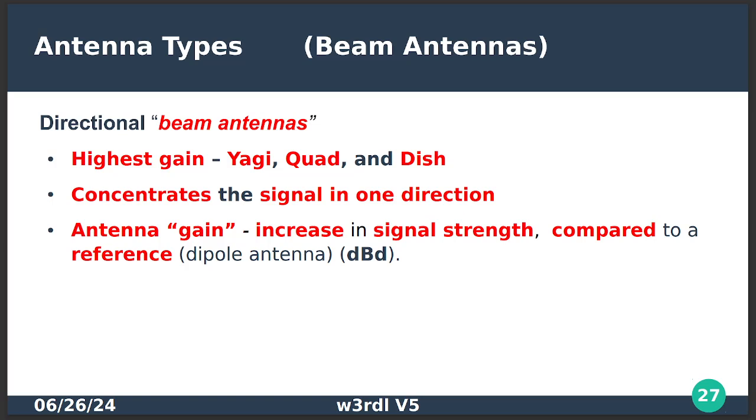But anyway, highest gain is your Yagi or quad or a dish. Now, everybody knows what a dish is. That's the same thing. The signal gets concentrated into one specific area. One of the videos that the antenna video Bob was talking about earlier is specifically about how the dish collects the power and then directs it to the LNB.